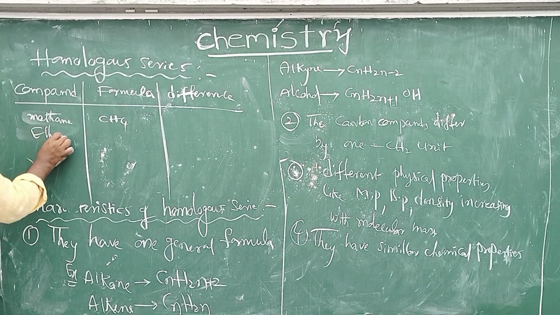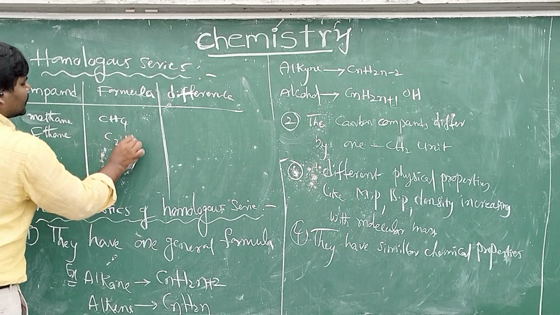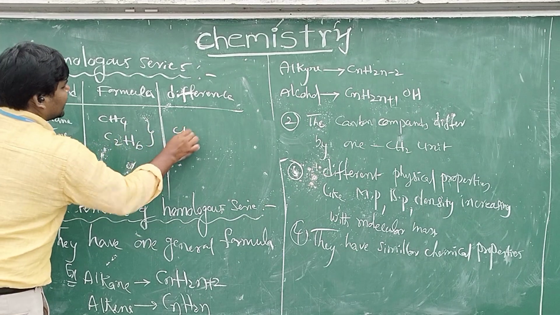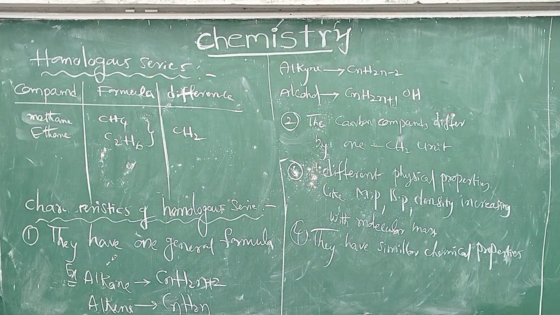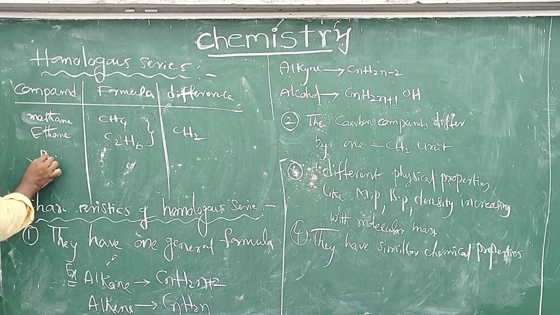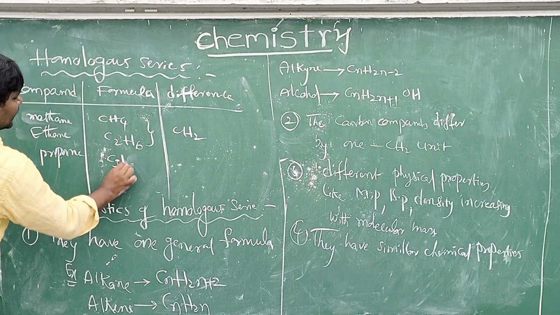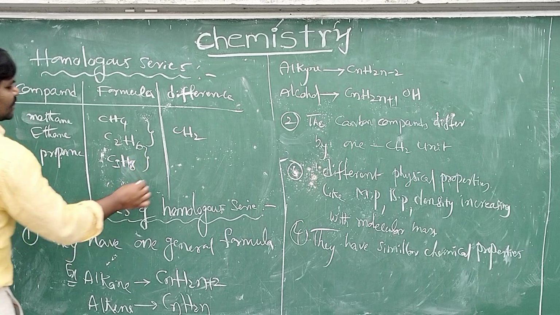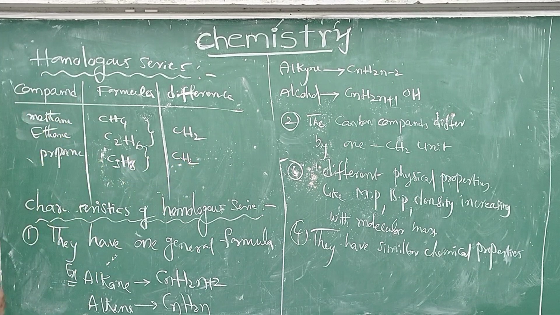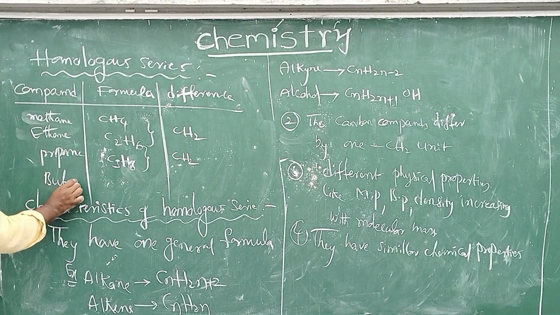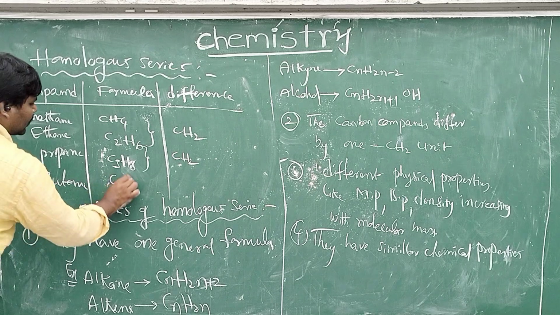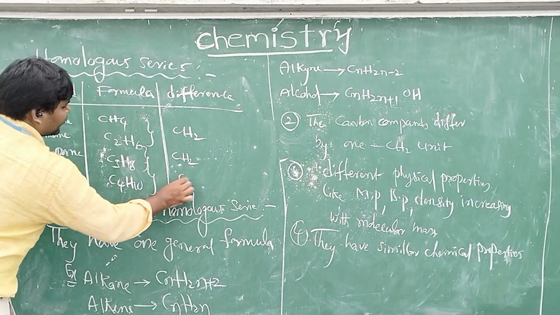Ethane, chemical formula C2H6. Their difference is equal to CH2. Propane, C3H8, difference between these two is 1 CH2. Butane, C4H10, their difference.